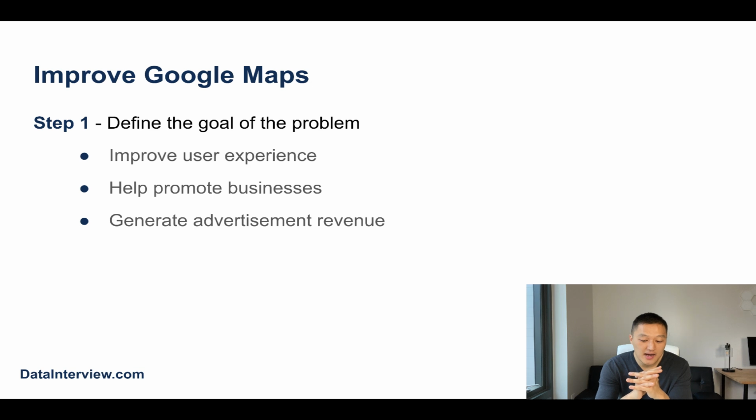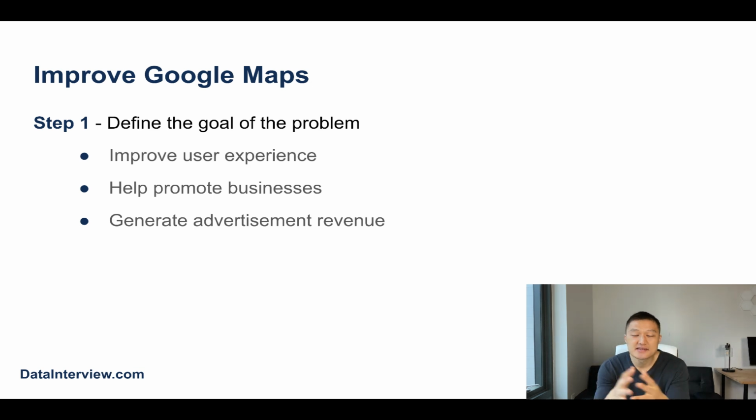And I know that improving Google Maps can be in the form of improving the user experience, so maybe helping them achieve a certain task much quicker. It could be about helping to promote businesses, and obviously businesses can promote themselves in Google Maps by letting users know that this business exists on a map, in a form like a pin at a specific location.